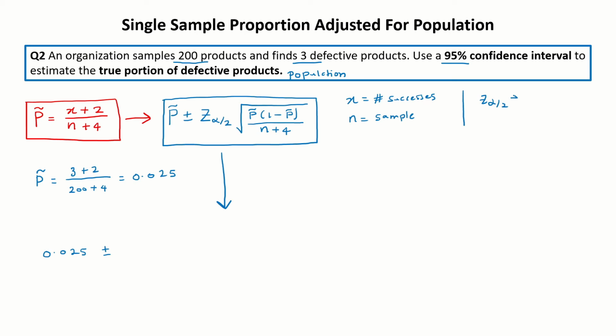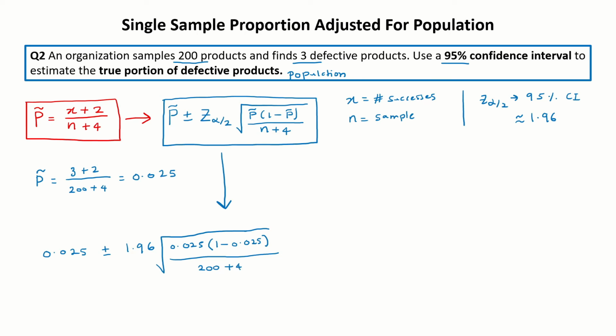Z alpha over 2 for a 95% confidence interval should be approximately 1.96. So plus minus 1.96 times the square root of 0.025 times 1 minus 0.025, divided by n plus 4, which is 200 plus 4.